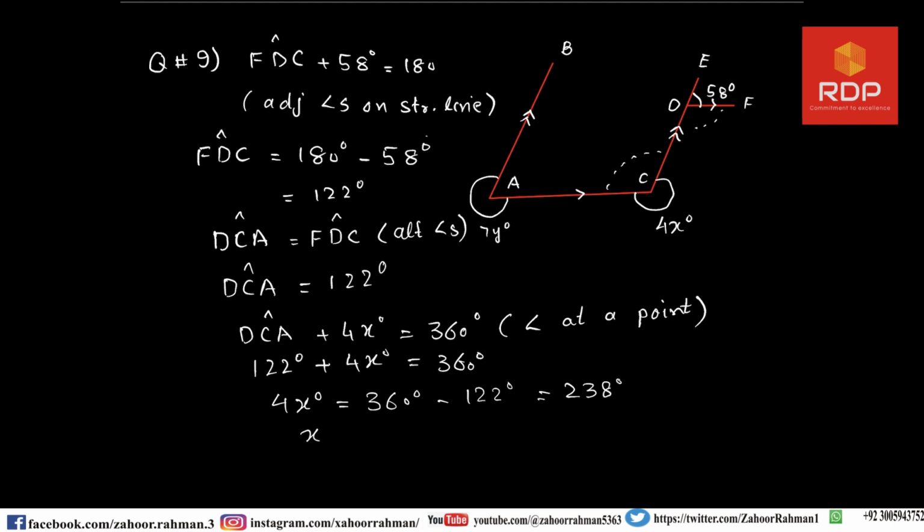Dividing both sides by 4, we are getting 59.9.